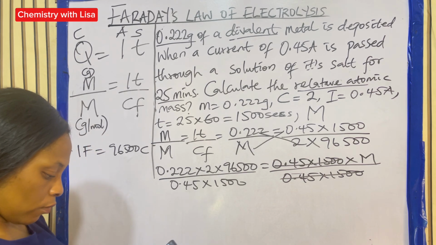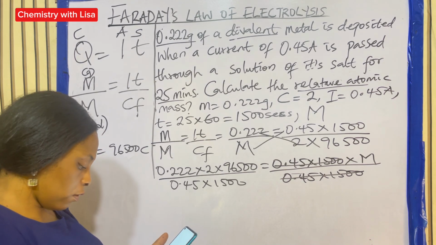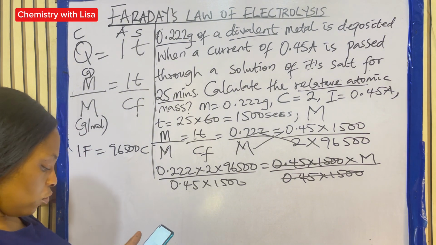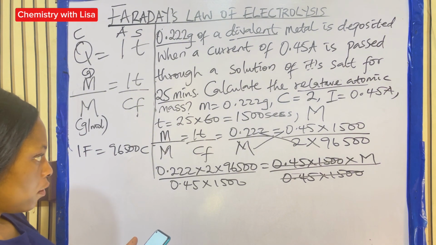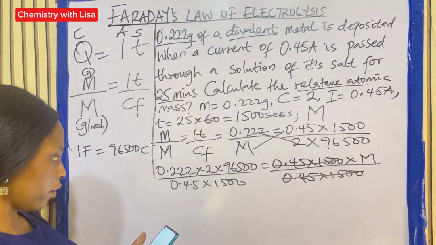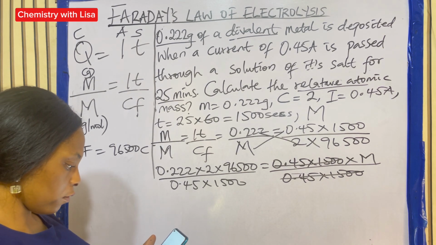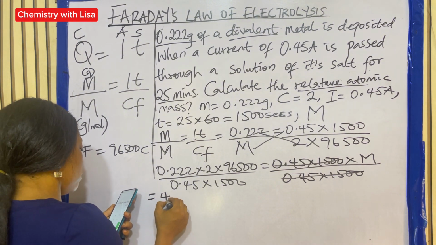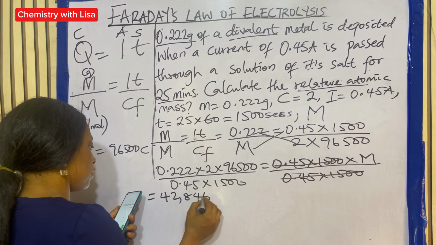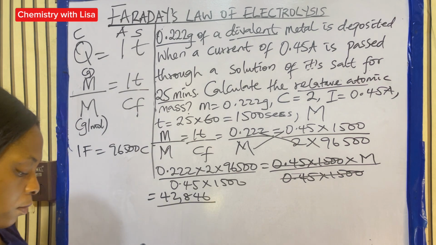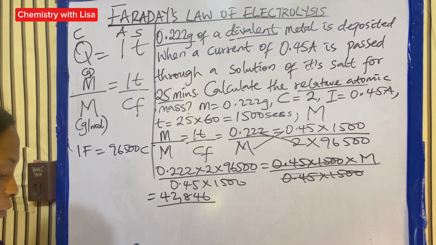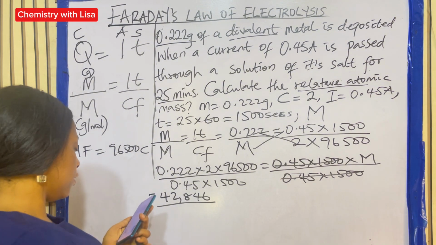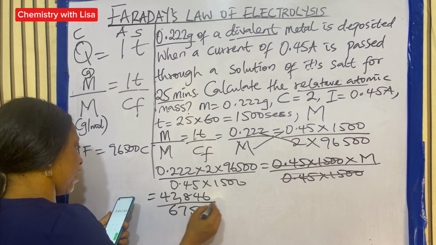So let's solve. Calculator. 0.22 times 2 times 96,500 will give us 42,846 divided by 0.45 times 1,500, which gives 675.